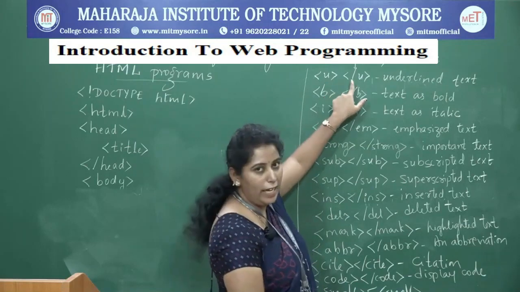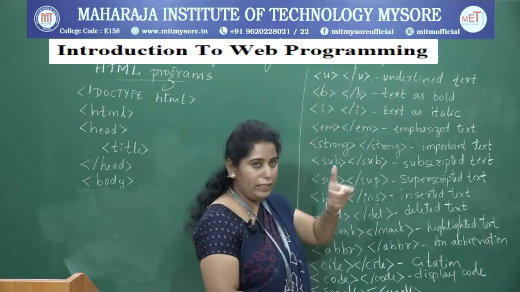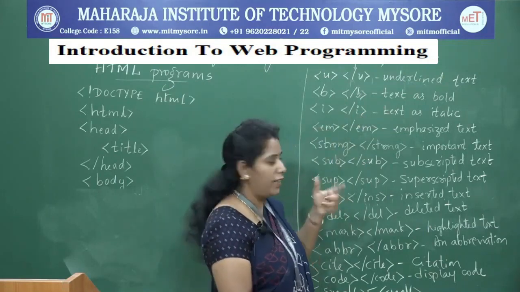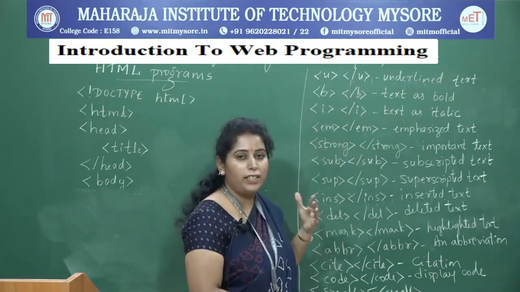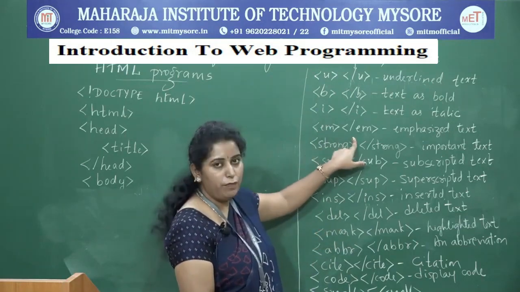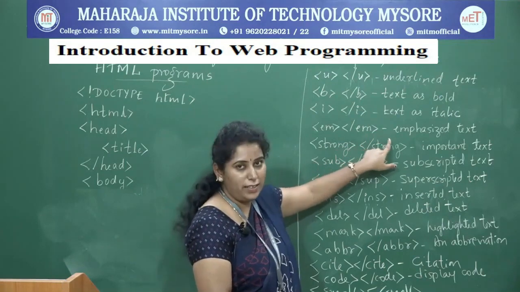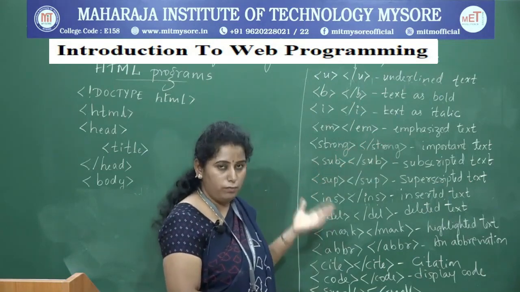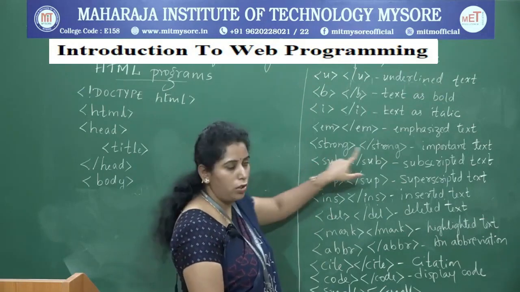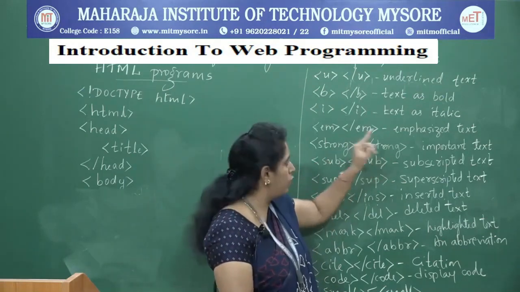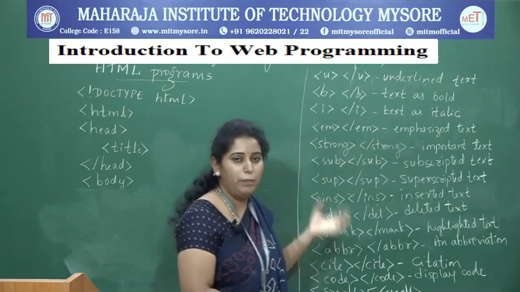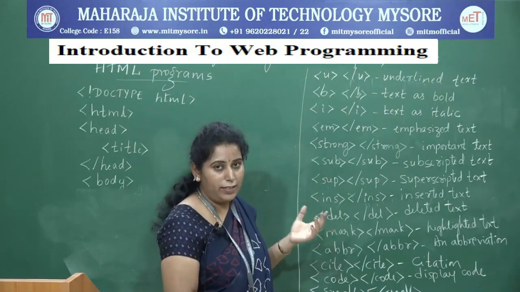Next, the U tag, in order to underline the text. B tag, to bold the text. I, to make the text in italic style. EM tag, which is used for emphasized text. Strong is also the same as the emphasized tag, with the meaning of important text.